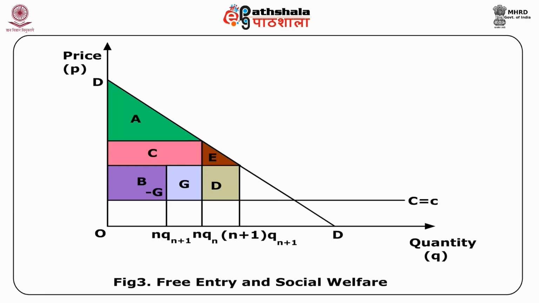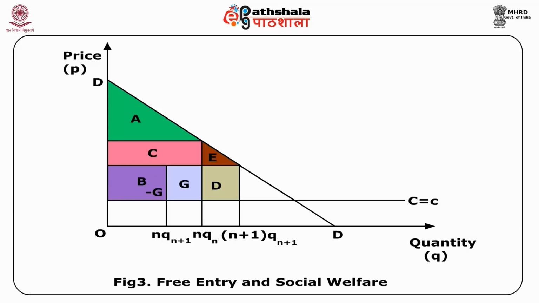Now suppose one more firm enters the industry and assume that total output produced increases while output produced by each firm falls, which means (n+1) into Qn+1 is greater than nQn, and Qn+1 is less than Qn.